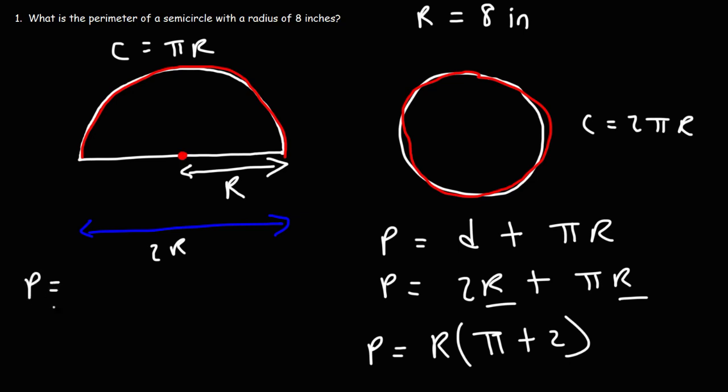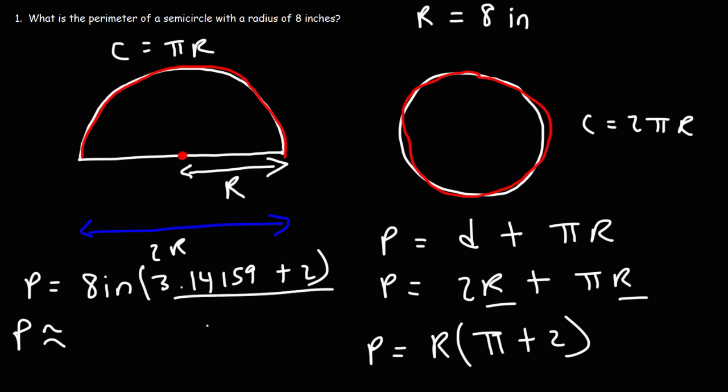So let's use that formula to get the answer. The radius in this example is 8 inches. Pi, if you want to convert that to a decimal, is approximately 3.14159, and then plus 2. So add in these two numbers.